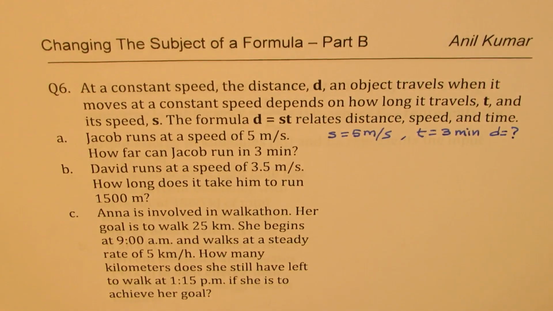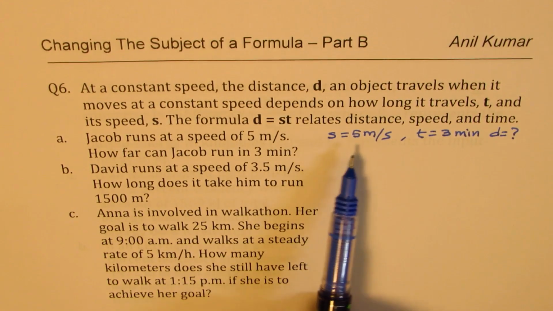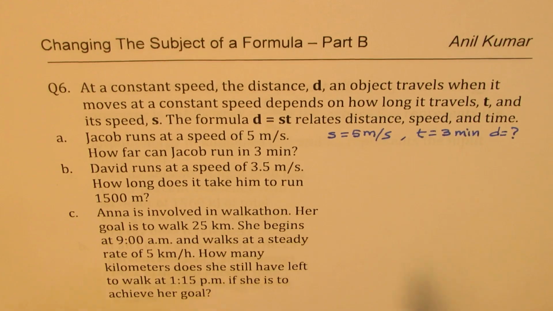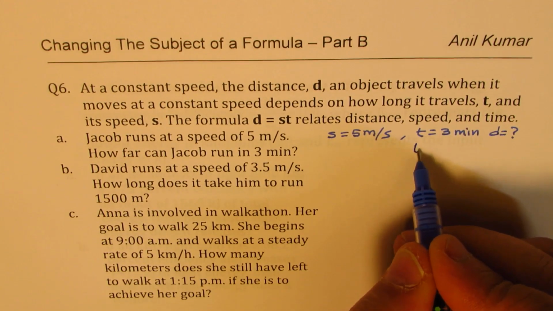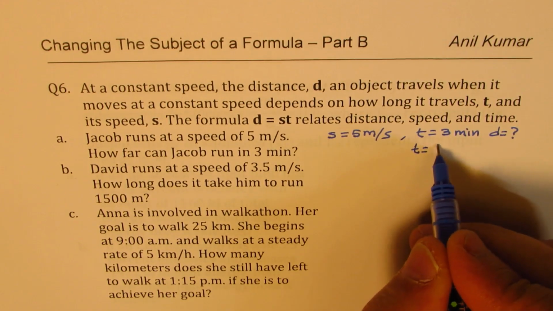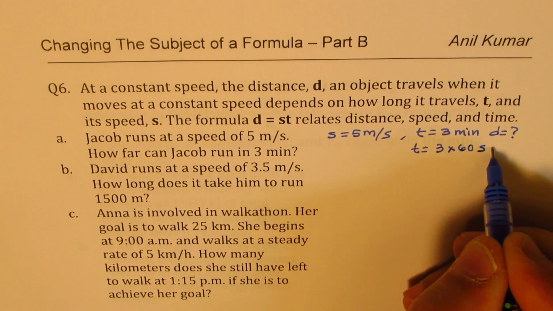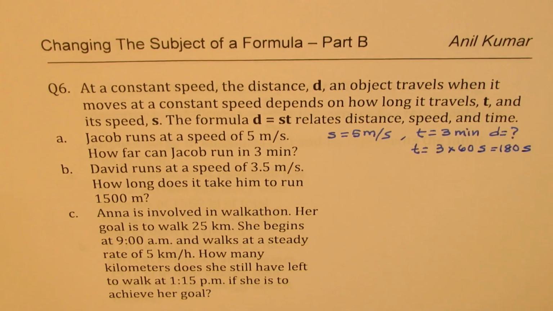Now in this particular question, you will notice that there are different units. Speed is given as 5 meters per second, time is given in minutes. So it is a good idea to write time also in seconds, right? So we could write 3 minutes as 3 times 60 seconds, that is 180 seconds. Once you have done that, use the given formula and find your answer.